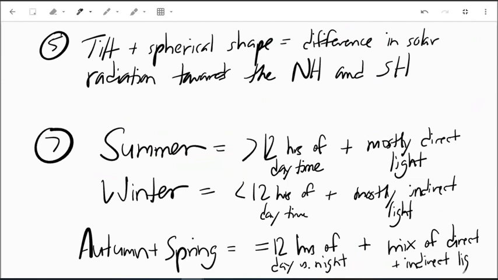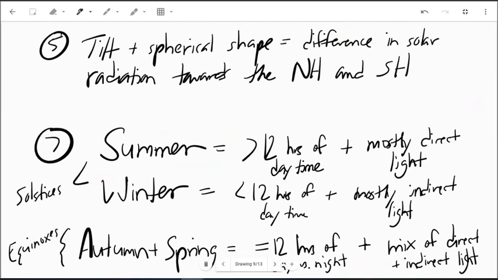Most of the direct light is falling directly on the equator. All right. So these two are called solstices. They're at their most unequal. These two are called equinoxes. Equal day and night. Equal direct and indirect light.